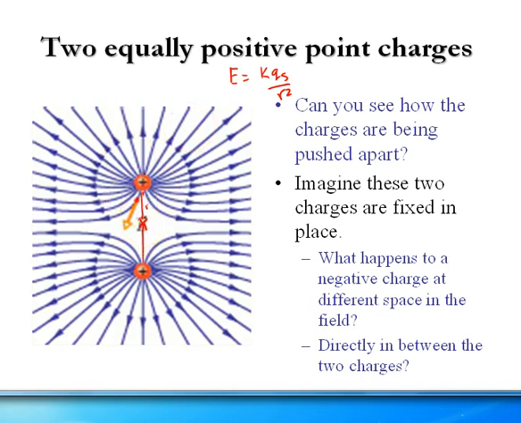If we look at any point in this field line diagram, the direction of the electric field is always going to be tangent. So the tangent to this field line is right here. If I put a positive charge, the force on that charge is going to be in the same direction as the electric field. If we look at this point over here, this tangent is the direction of the electric field at this point.